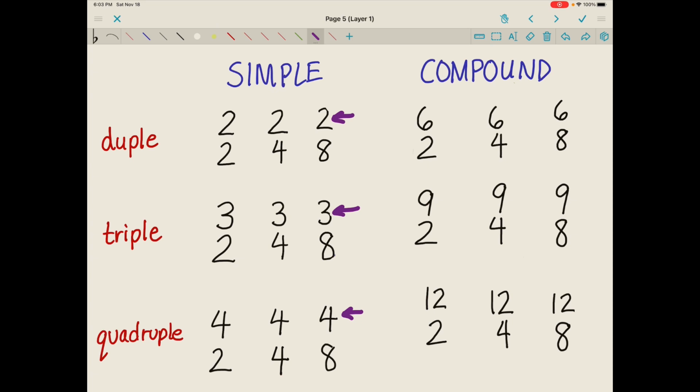And we can also know, just by looking at those numbers, if it's going to be duple, triple, or quadruple time. If it's a 6, a 9, or a 12, we can know it's compound meter, and we can know we're going to have to do one extra step of decoding before we can figure out what our dotted note value or big beat pulse note value will be.